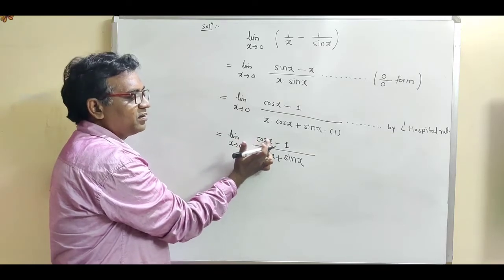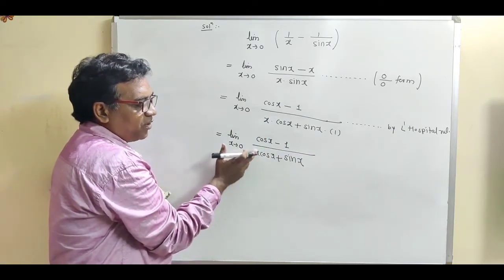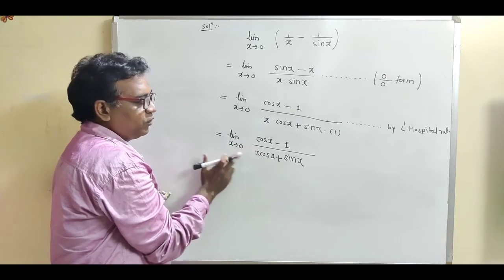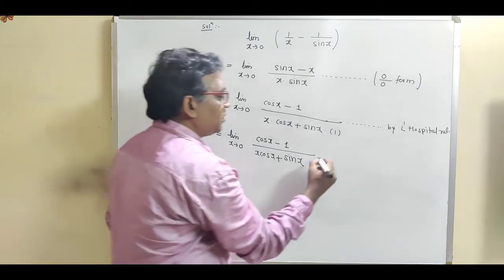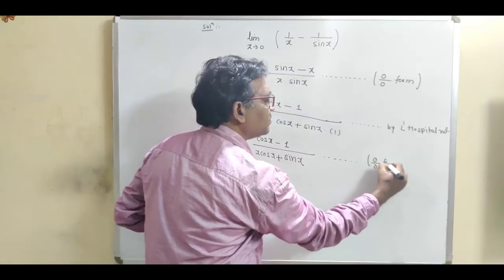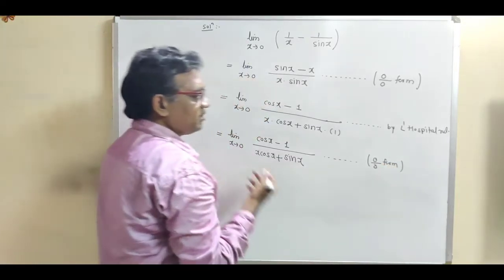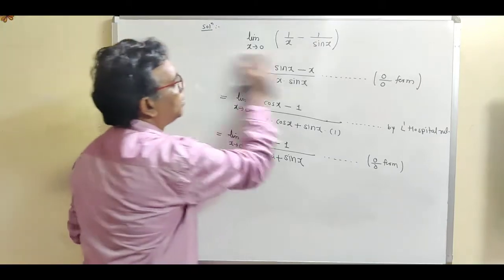Cos 0 is 1, so 1 minus 1, numerator is 0. Put x equal to 0 in the denominator, so the first term will be 0. Put x equal to 0 in the second term, so sin 0 will be 0. So write down, this is again the standard form, which is 0 by 0 form. So once again we can apply here the L'Hopital rule.